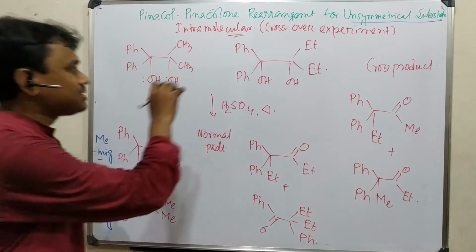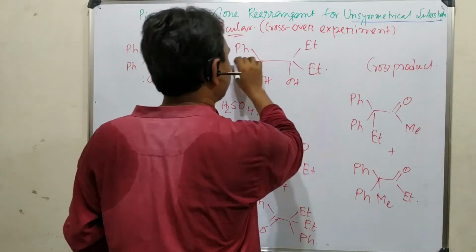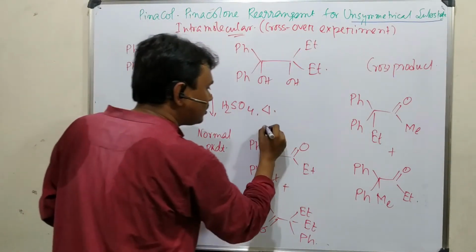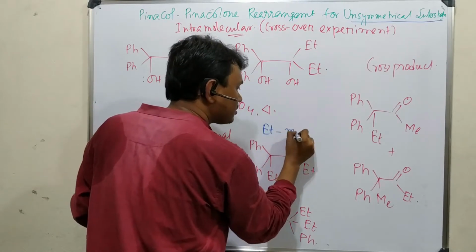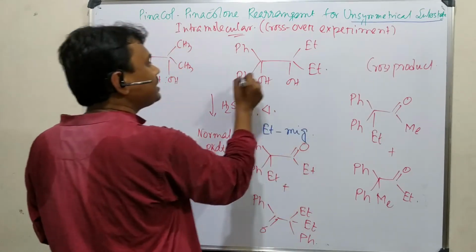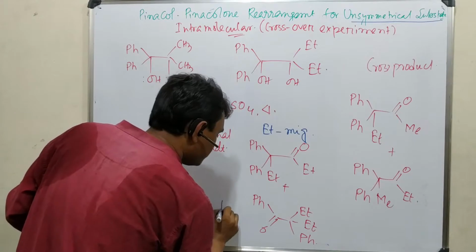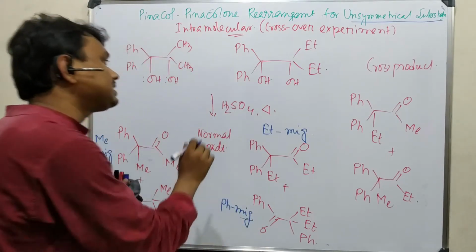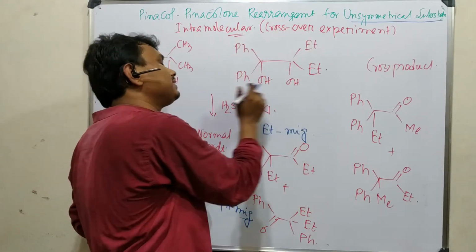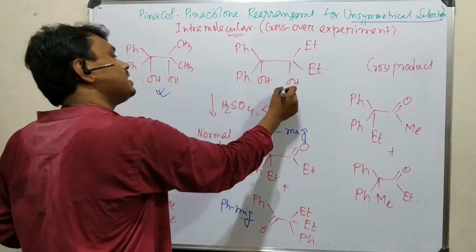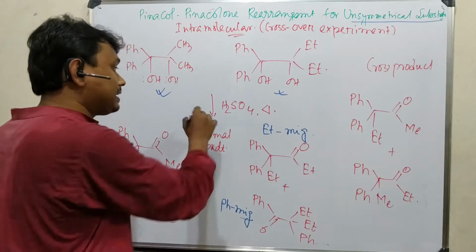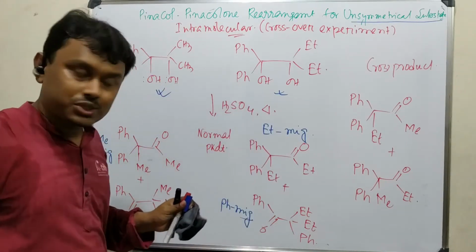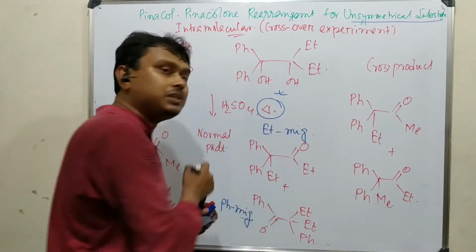So similarly here, if ethyl migrates, so Et mig, and here phenyl migrates, so Ph mig. This is the simple thing, that if you take these reagents separately, under this condition you will get two product mixture. It's a thermodynamic product as I have given heat.